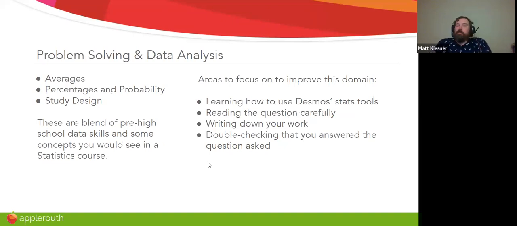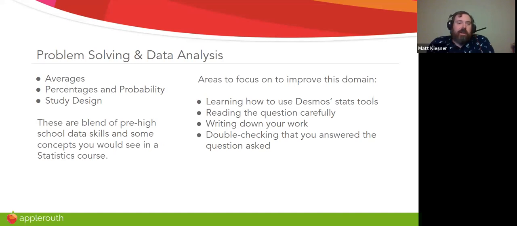There's a little bit of problem solving and data analysis questions. This can be dealing with averages, percentages, probability, and then a little bit of what they call study design, which is like, if we did a scientific observation, what can we learn from this observation, and does that make sense? I don't think you need to take AP Stat for these things.